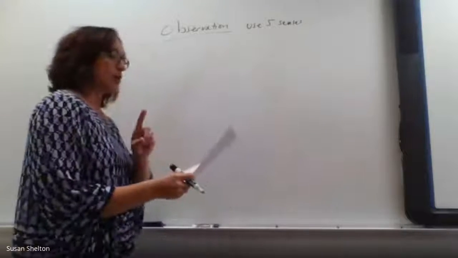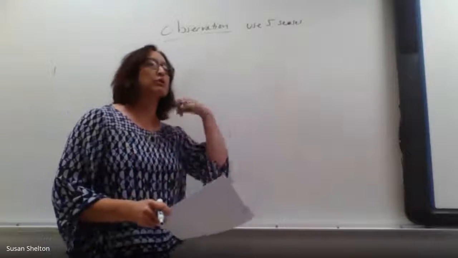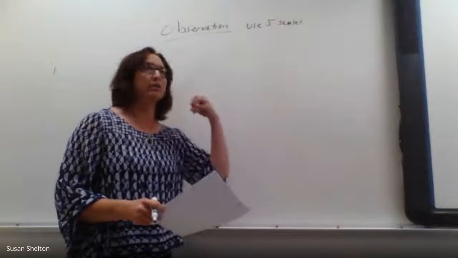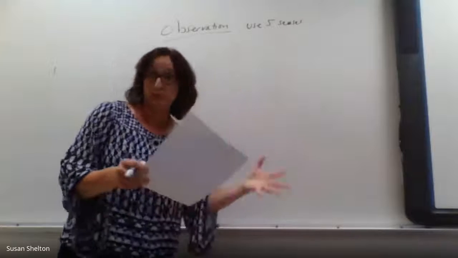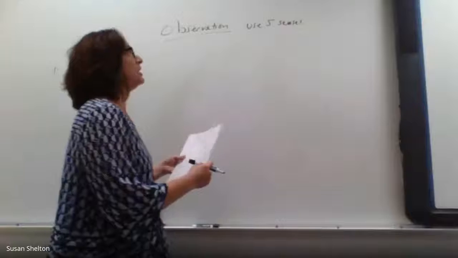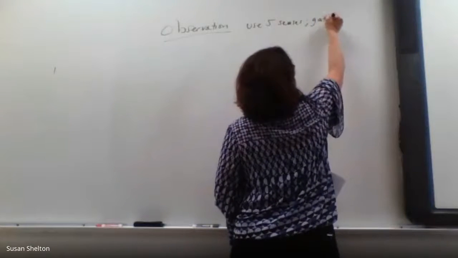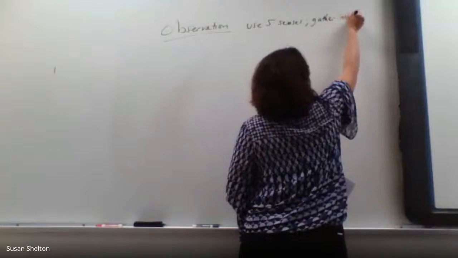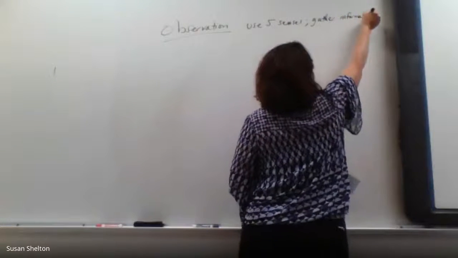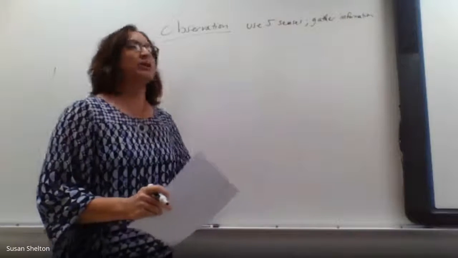And this observation means 2 things, not just looking with your eyes or hearing or tasting, depending on the experiment, your 5 senses. It also means to gather information. You've got to be able to gather information.